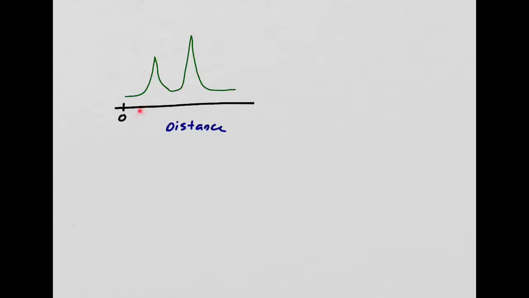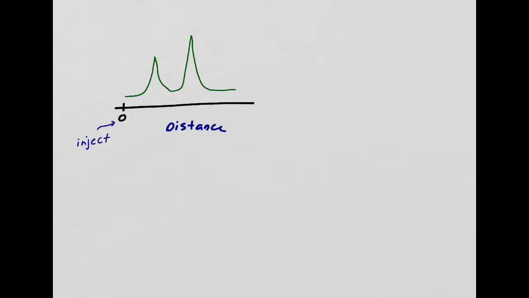Now, when you get a peak, 0 is basically when you inject. Okay? So that's basically when you inject. Now, what am I going to look for in this? Remember, we said that you can get area percentage and you can get the retention time from the graph, right?